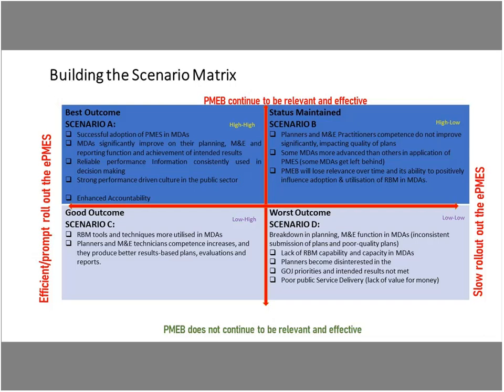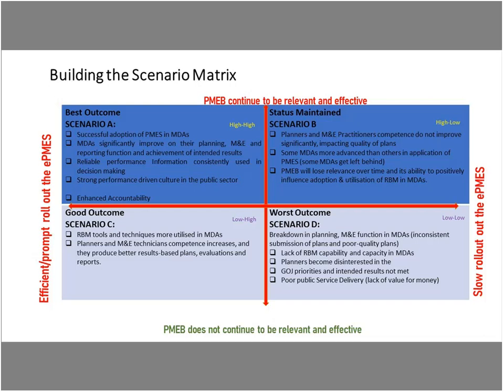What you have to do is identify that factor and write a positive and a negative. At the top of my chart, I have the continued relevance, and at the bottom, where it is negative, I'm saying PMEB does not continue to be relevant. And we have efficient and effective rollout to the left of the chart, and then slow rollout of the EPMS. So that is how you set up the chart.